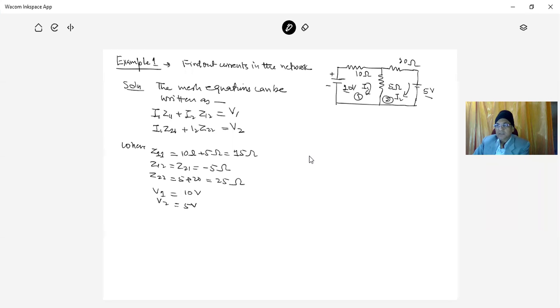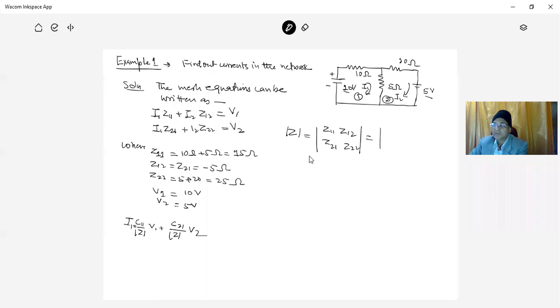So the determinant equation for the current I1 is C11 upon mod Z V1 plus C21 upon mod Z V2. So mod Z is the determinant of Z11, Z12, Z21, Z22.